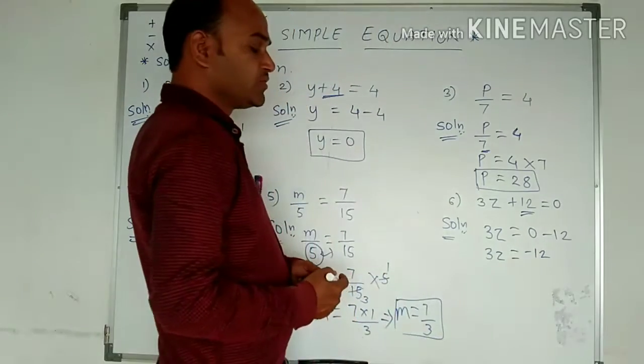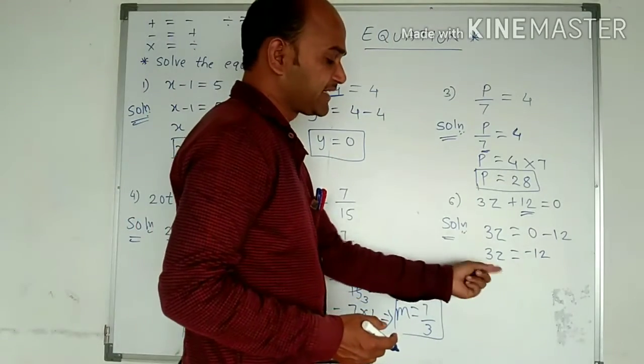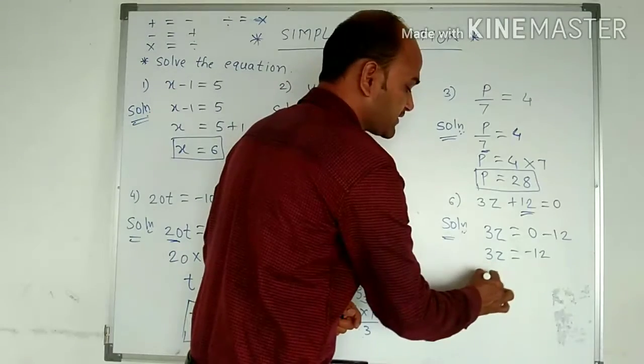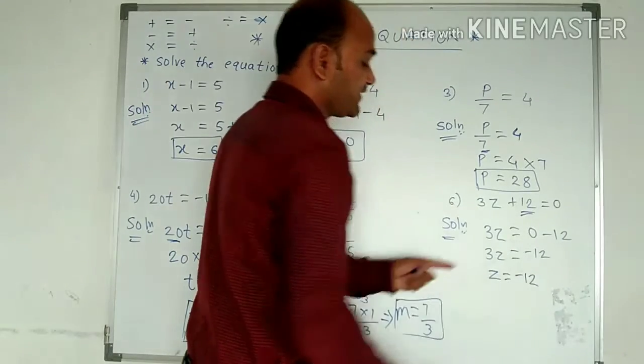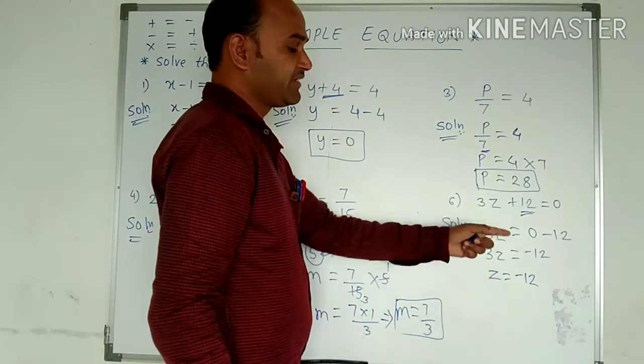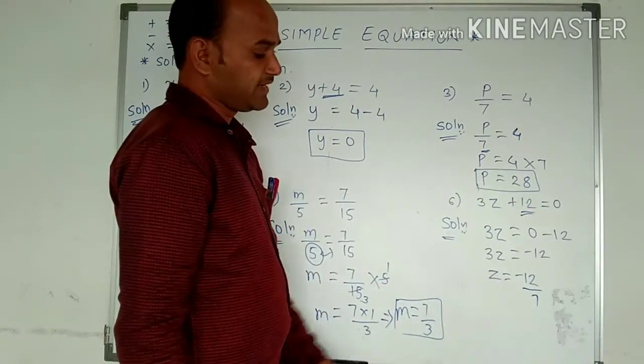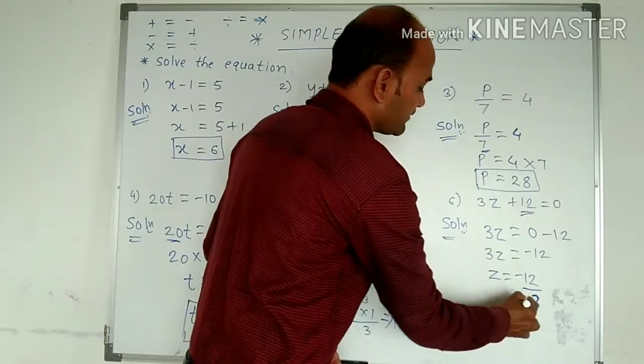Now we have to transfer this 3. The relation between 3 and z is multiplication. After transversal, if it goes to the RHS side, it comes in the denominator, that is divided by 3.